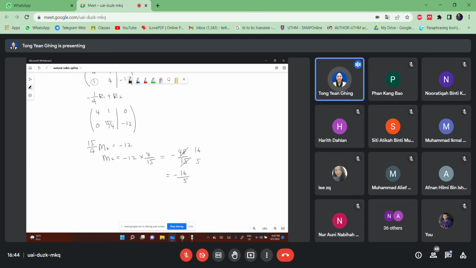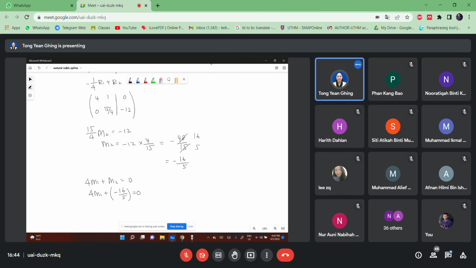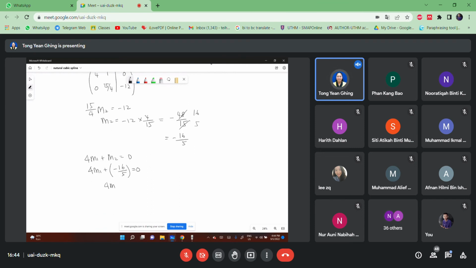Based on the equation just now, 4M1 plus M2 equal to 0. So I will substitute the value of M2, negative 16 over 5. So 4M1 equal to 16 over 5.